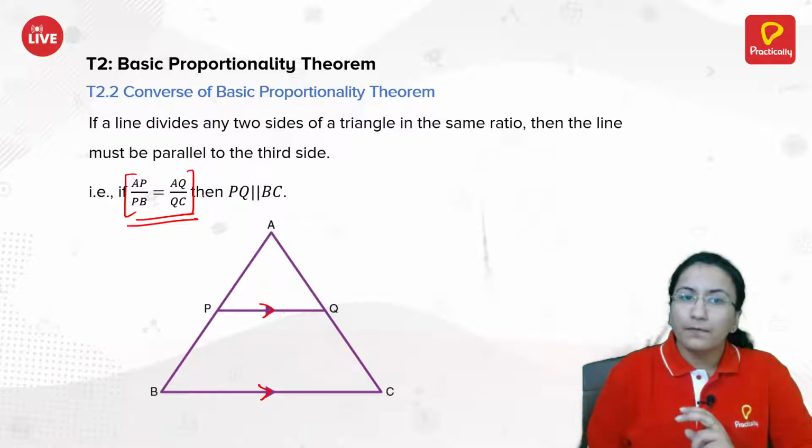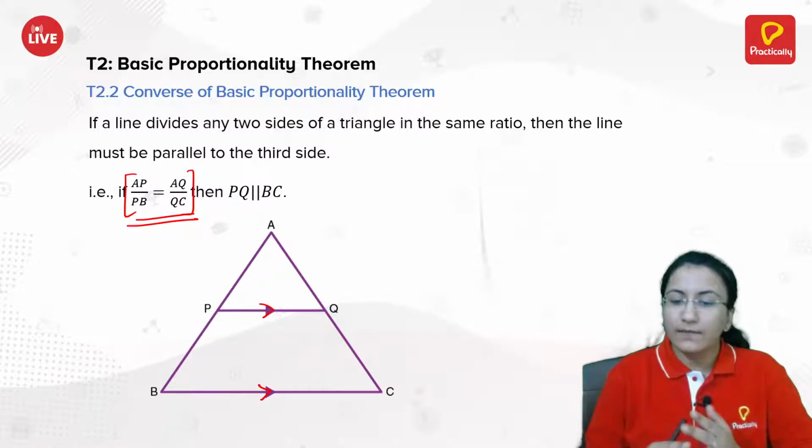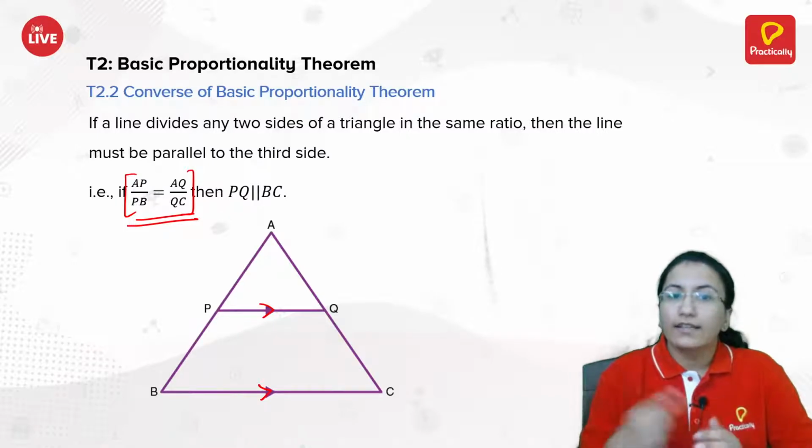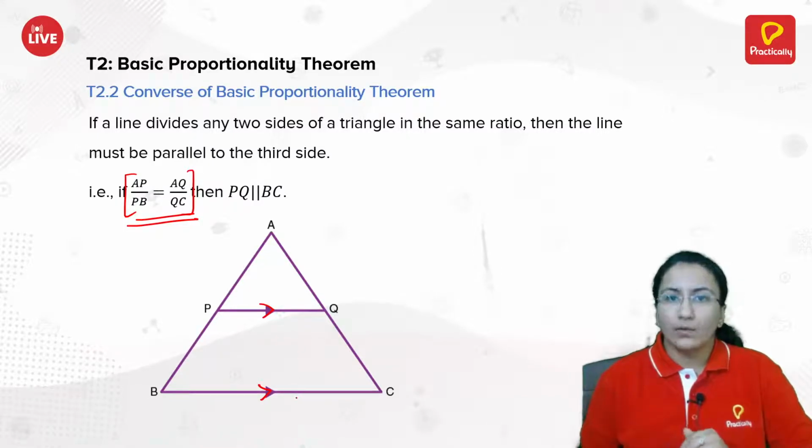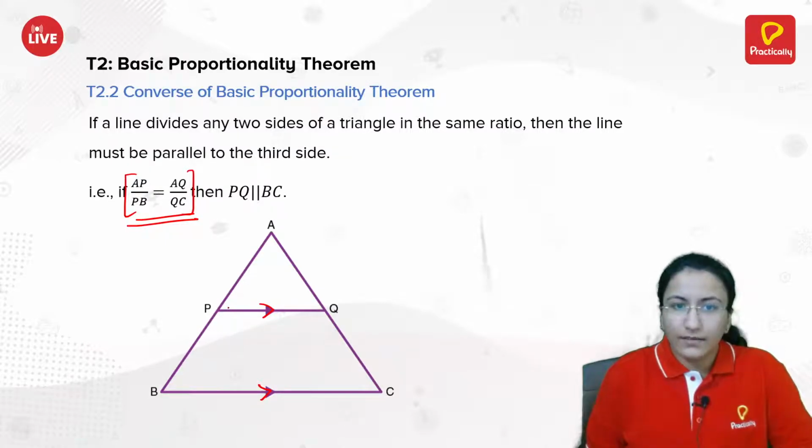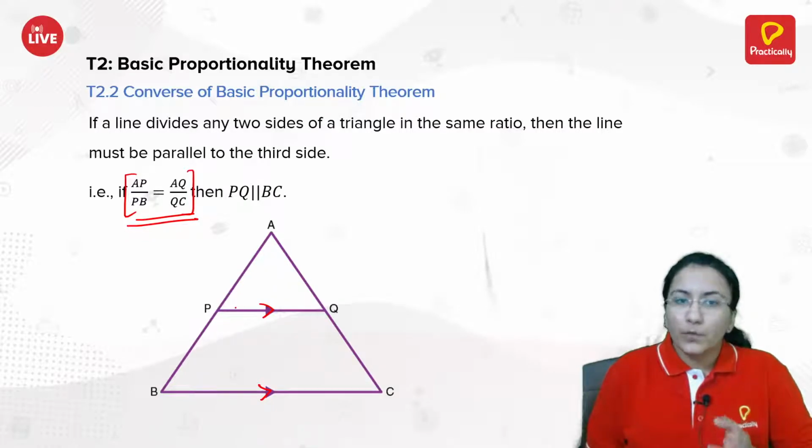If we have the ratio as equal, then the two lines are parallel to each other. I'll quickly discuss the proof of this. For the proof, you just need to construct a line.